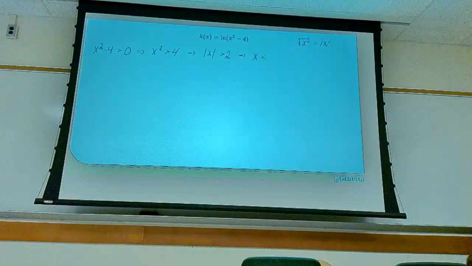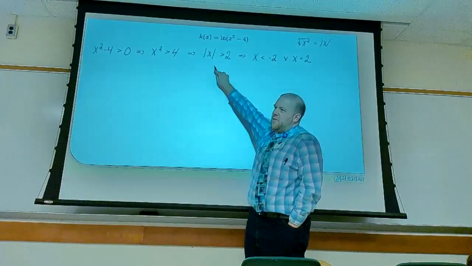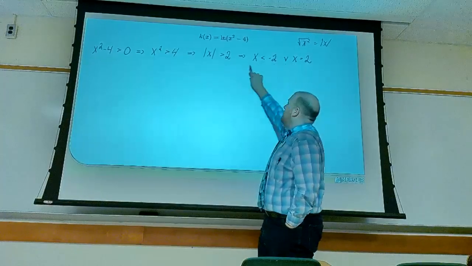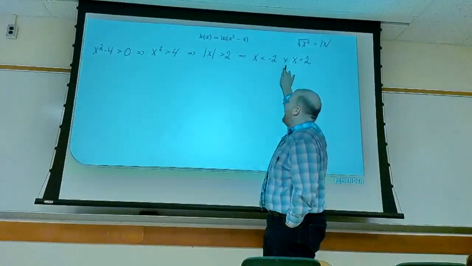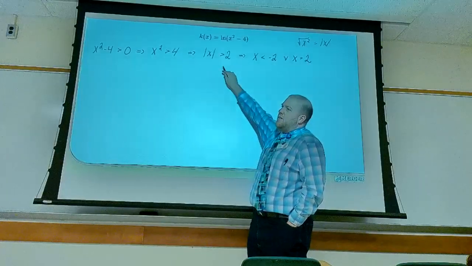So how would you write the domain? Or we could write that. This piece here is the interpretation of absolute value of x greater than 2. These say the exact same thing. I think I had a slide earlier in the semester when we were covering domains that went over those interpretations.